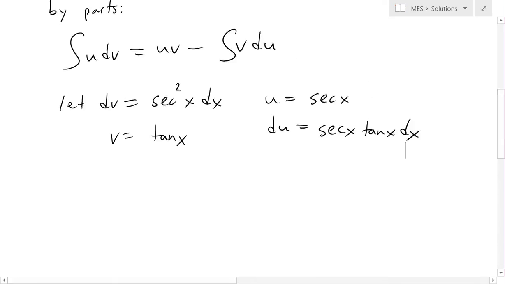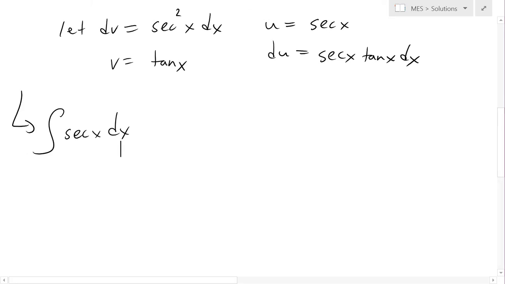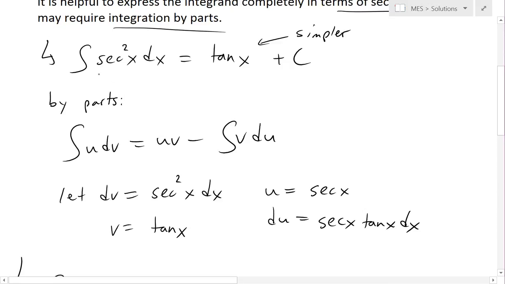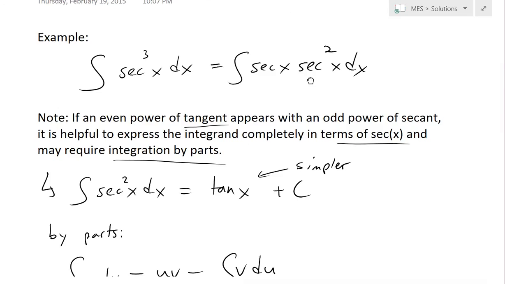So now we could throw this inside our integration by parts. So we get the integral of secant, which is u, times secant squared of x dx, that's our dv.